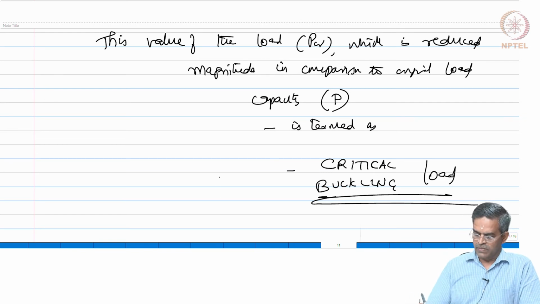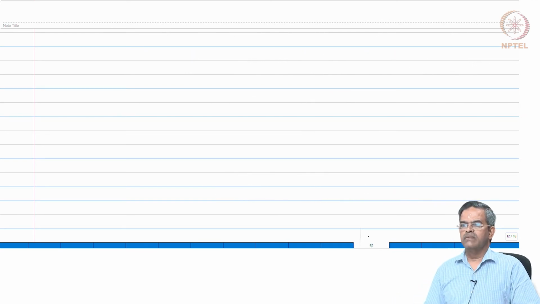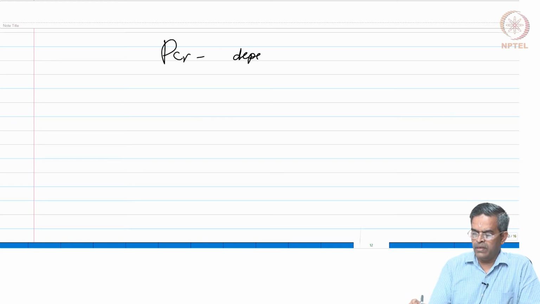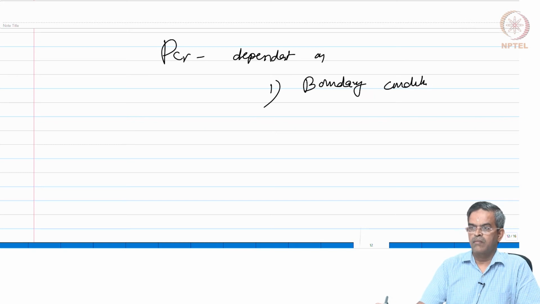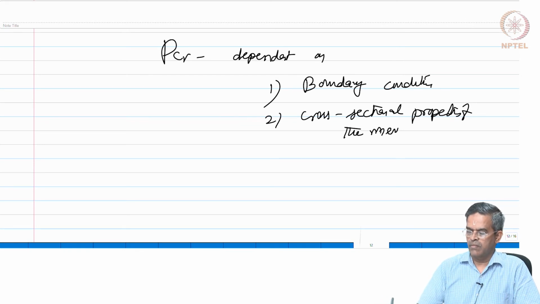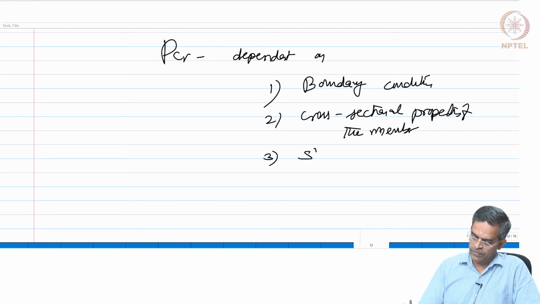To be very precise, it is called Euler's buckling load. So, it can be easily seen that PCR is dependent on boundary conditions, cross sectional properties of the member, and slenderness ratio.